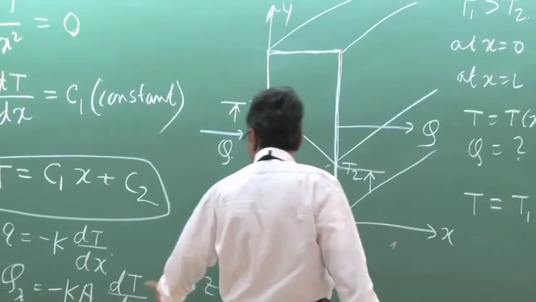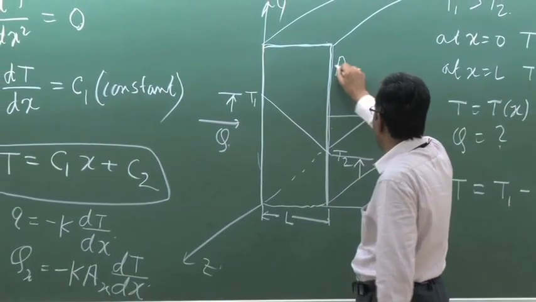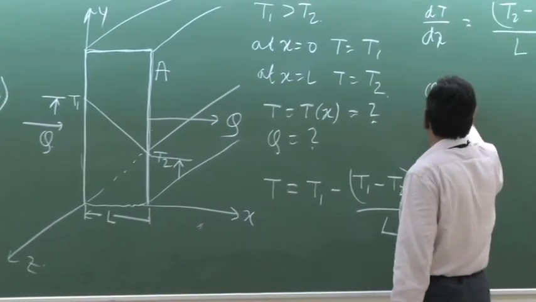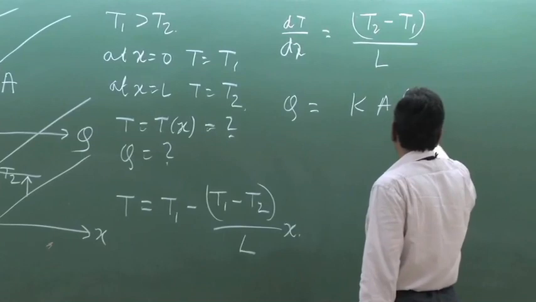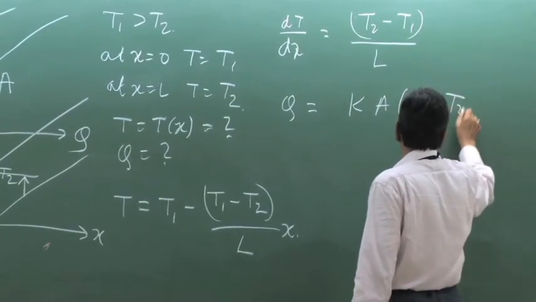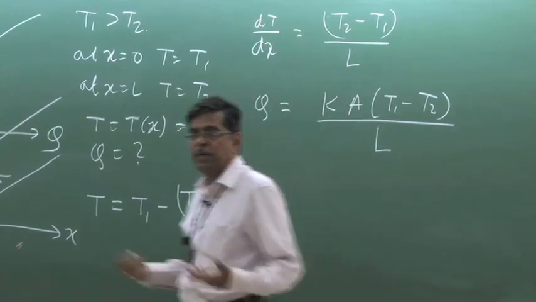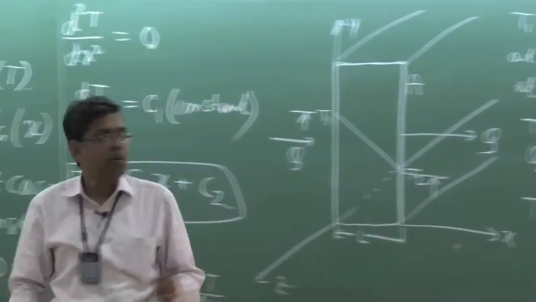Now when I use this expression by introducing A as the area of the slab, then Q becomes equal to K into A into T1 minus T2 divided by L. The simplest form which is being taught at the school level. That means with all these assumptions we can write this.